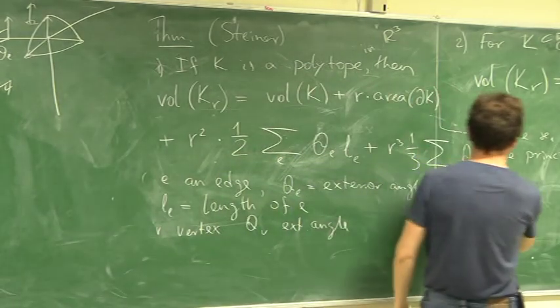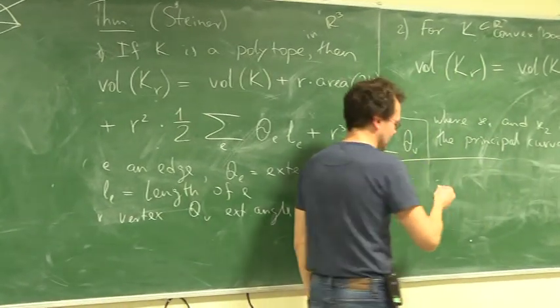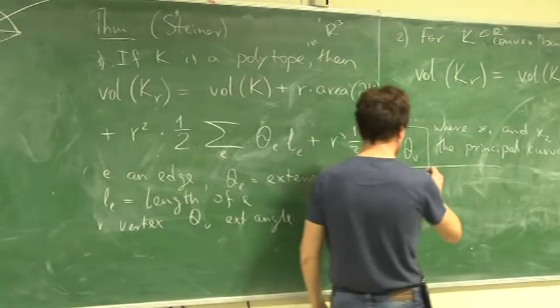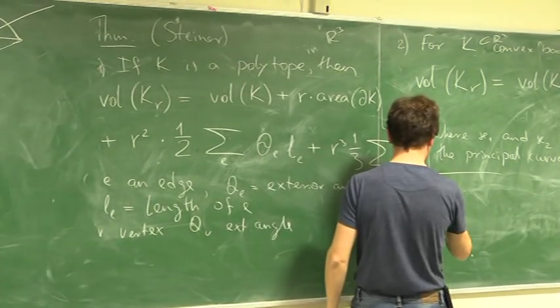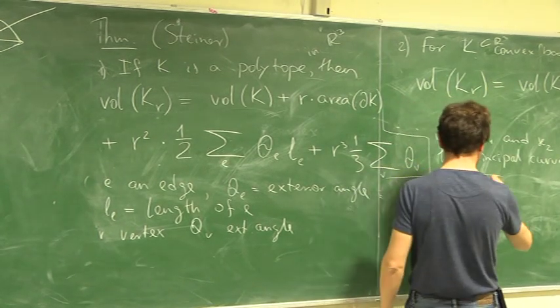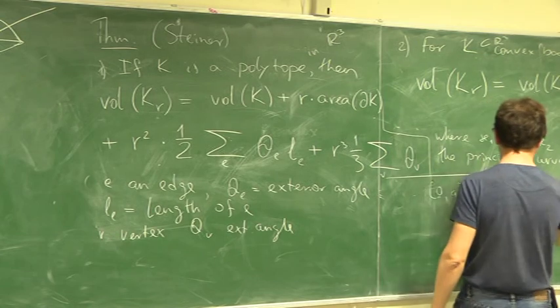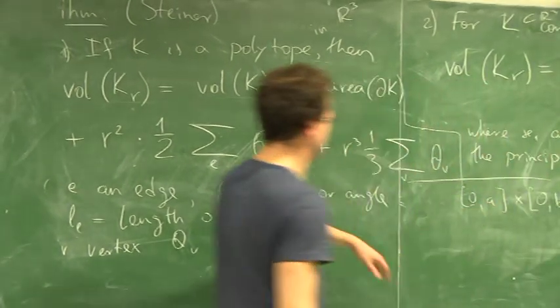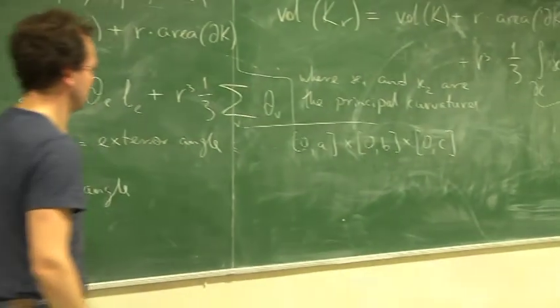that can be a good exercise. So take the boxes, segment 0 to A times 0 to B times 0 to C, and compute these coefficients.